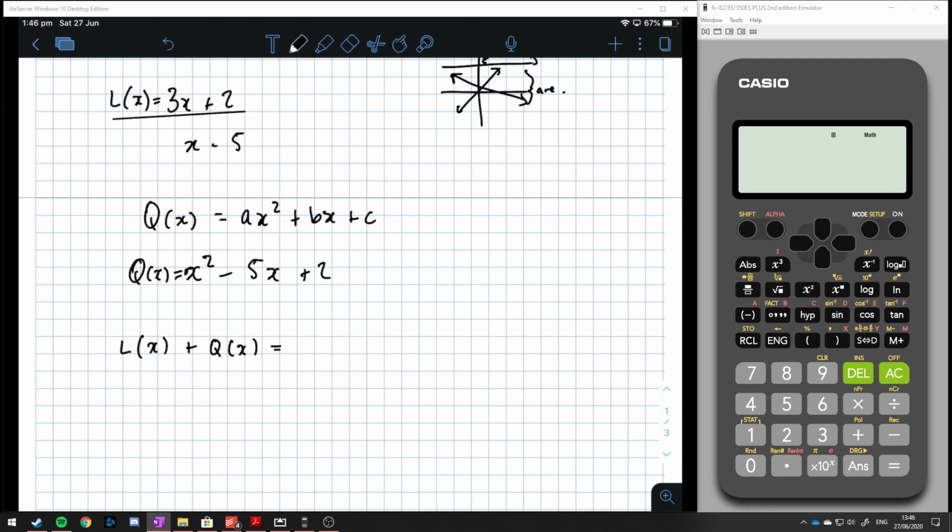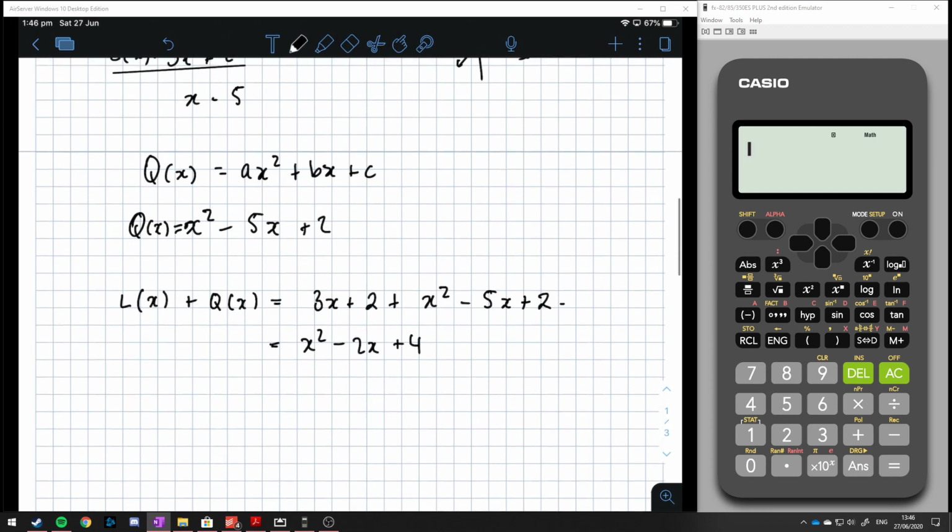So if L of x is equal to 3x plus 2, we can just go 3x plus 2, plus x squared minus 5x plus 2. Then we can put those together. In this case, there's no x squared terms to be added together except for the 1, so we're going to leave that one. 3x minus 5x is minus 2x, and 2 plus 2 is equal to 4. And so there's the sum of the two.